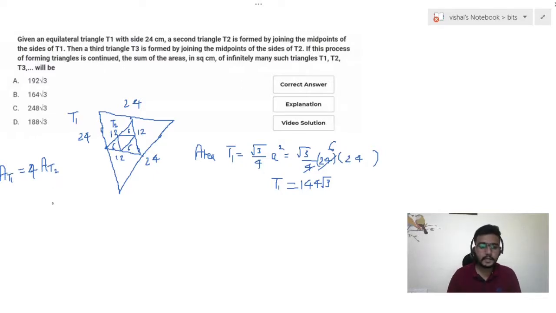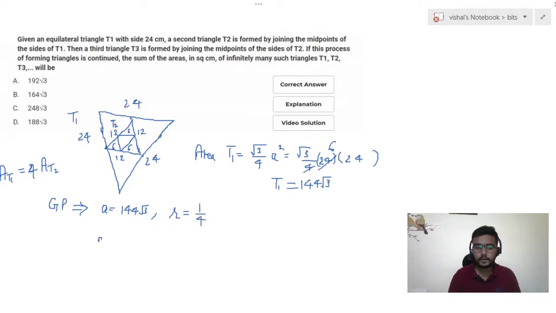So we can apply the geometric progression concept here. The first term A will be the area of the first triangle, that is 144 root 3. Then the ratio R will be 1/4.